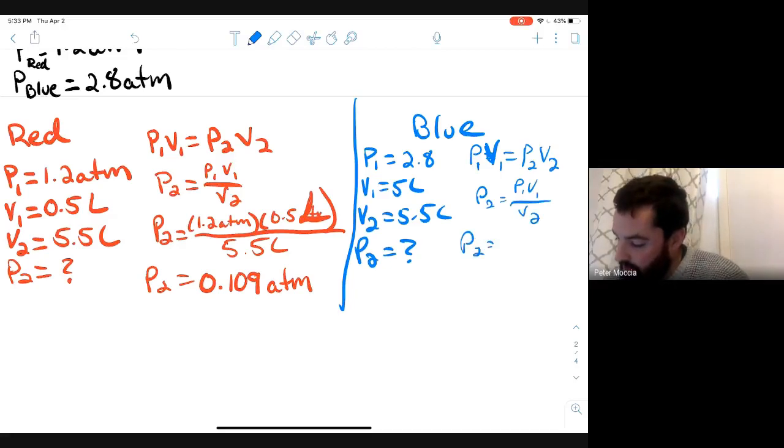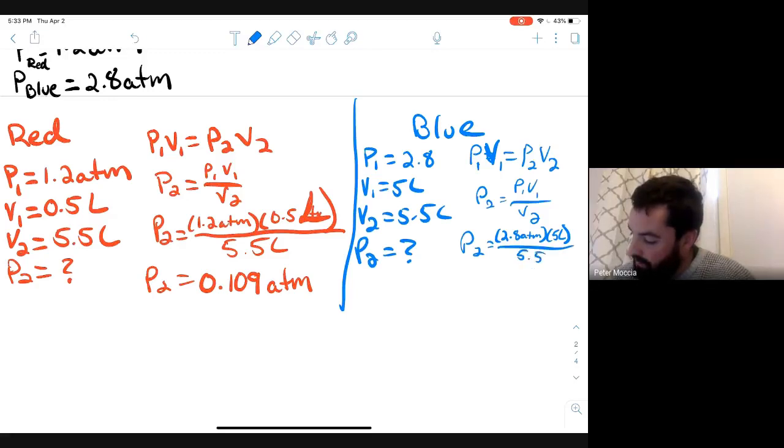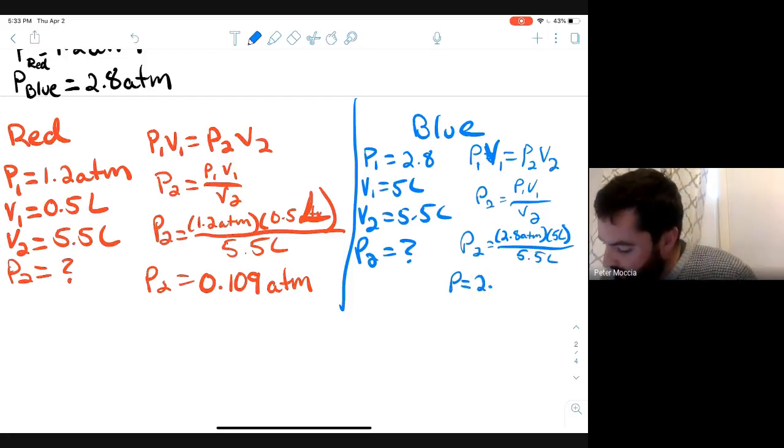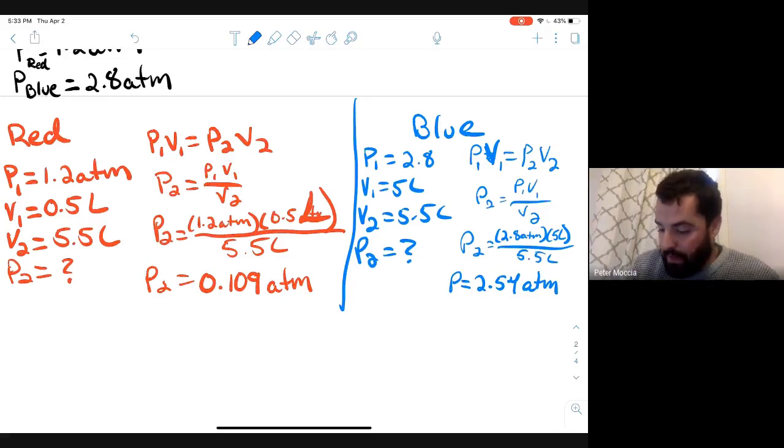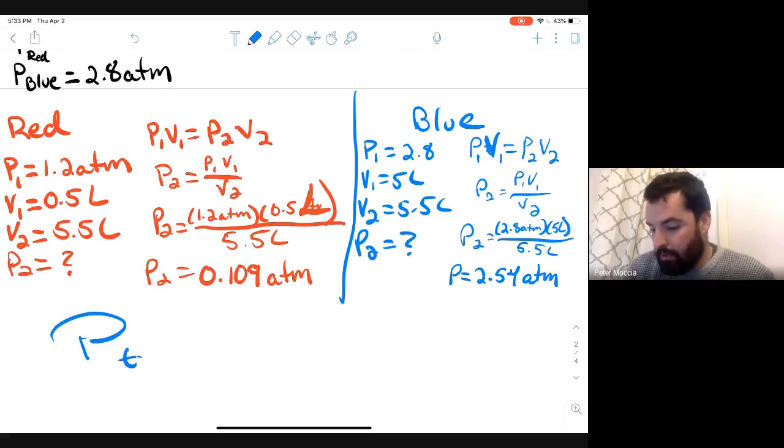So P2 is going to equal 2.8 atm times 5 liters over 5.5 liters. So that's 2.8 times 5 divided by 5.5 equals 2.54 atm.